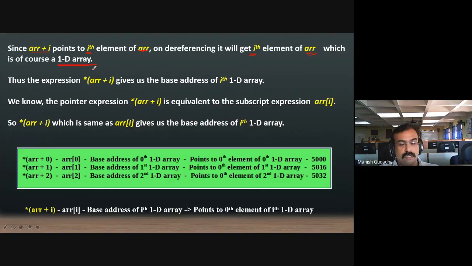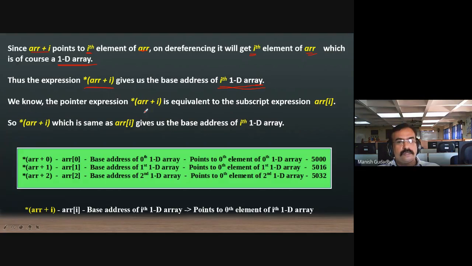That's what we are continuously saying. So what I can say is, thus pointer ARR plus 1 gives us the address of a 1D array. This is not the value at ARR plus 1. This is the pointer ARR plus 1, so it is going to point to the ith 1D array.